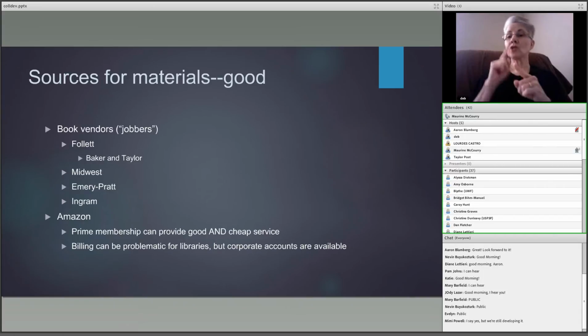We also have looked at Ingram Library Services, and there are a lot of others, especially in public and school libraries. If any of you have suggestions, feel free to add them in the chat. These are just the book vendors I know of, but feel free to add some in chat because I'd love to hear the names of other companies that you're using and that you know about.